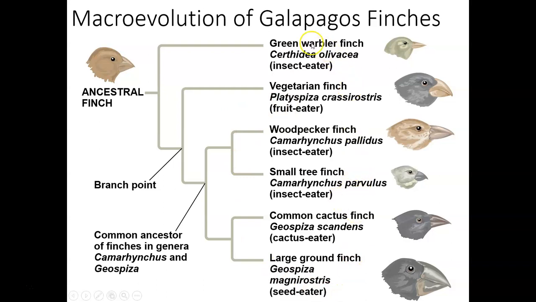In fact, there are 13 different species of Galapagos finches. And again, the finch video that you'll watch with this lecture will explain a lot of that. But this would be an example of macroevolution, where we have one species that, if given enough time, results in multiple different species that are related to this one common ancestor.